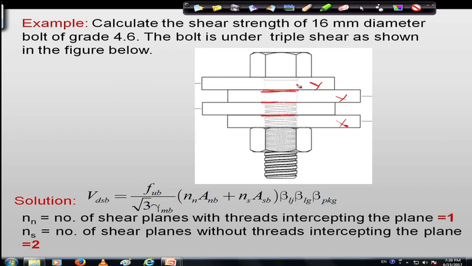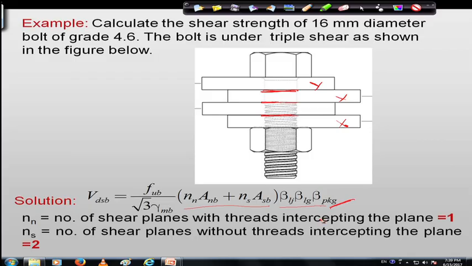When calculating the shear strength, we know the formula: VDSB is equal to FUB by root 3 gamma MB into (Nn into Anb plus Ns into Asb) into beta lg, beta lj and beta pkg.